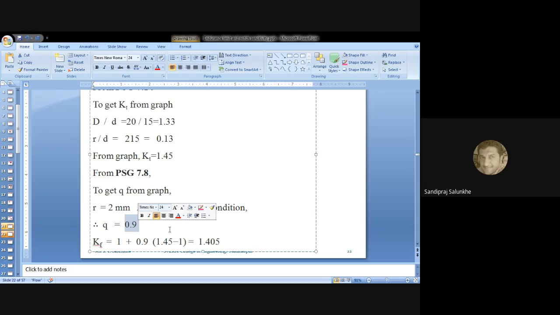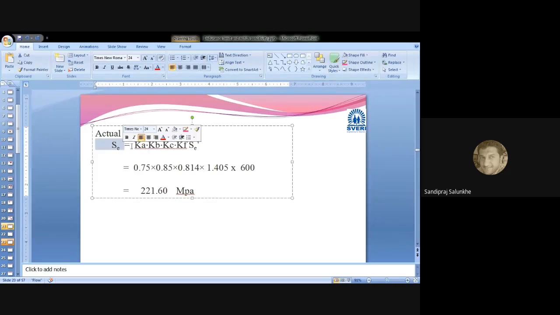These two values will be given in the problem statement, or a graph will be given to you on the back side of the question paper or below the problem. Okay, hence you can calculate Kf, and once you do all this calculation we know that Se is equal to Ka into Kb into Kc into Kf multiplied by the endurance limit, and that is Se dash, that is equal to 600. If you do this calculation, you will get the actual or fatigue endurance limit, that is Se.